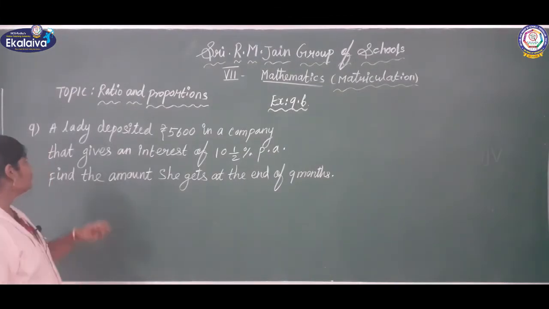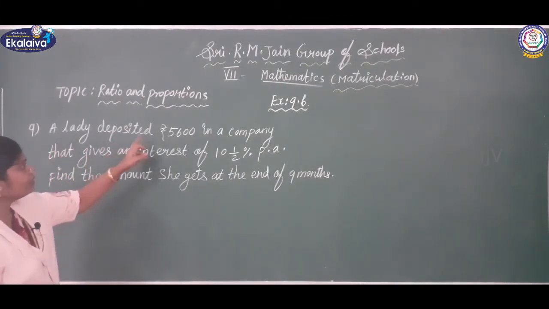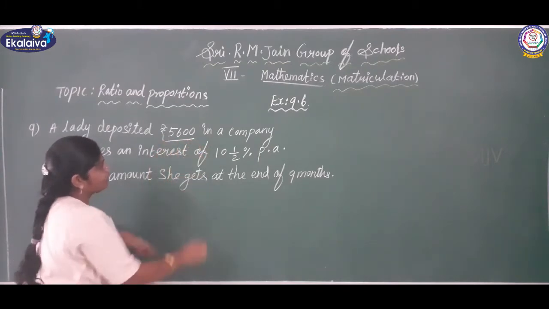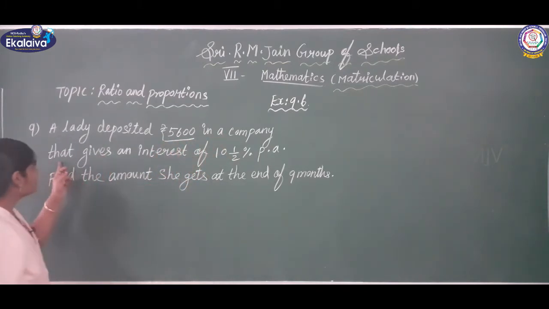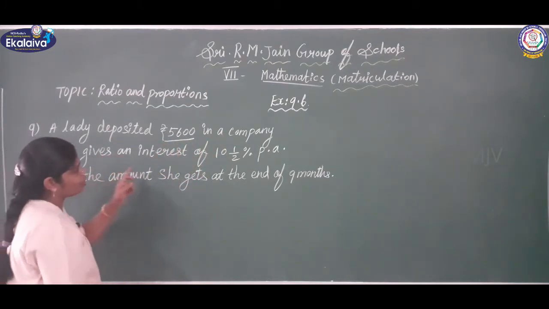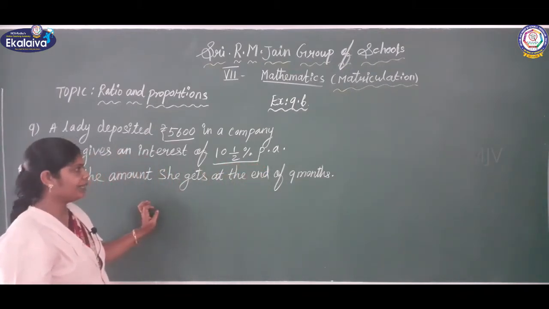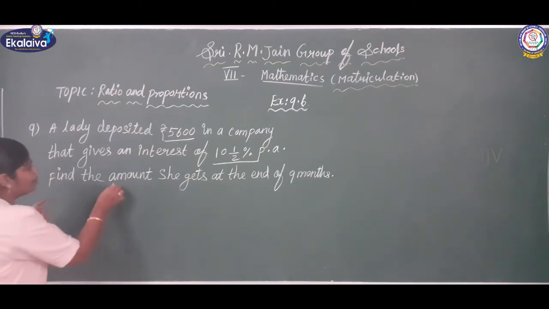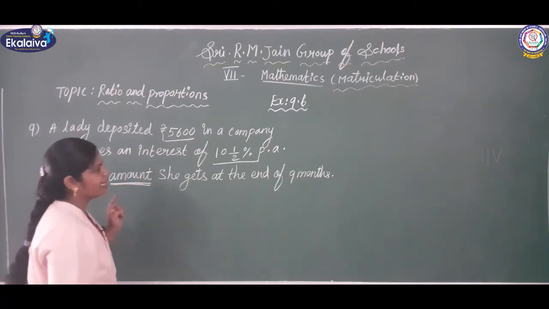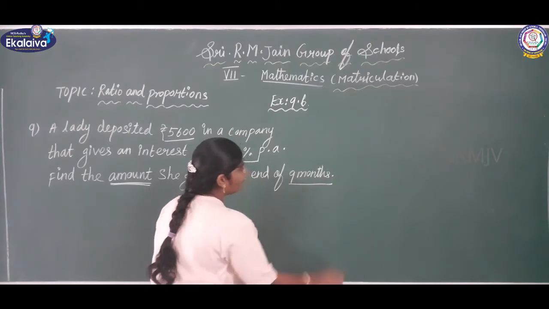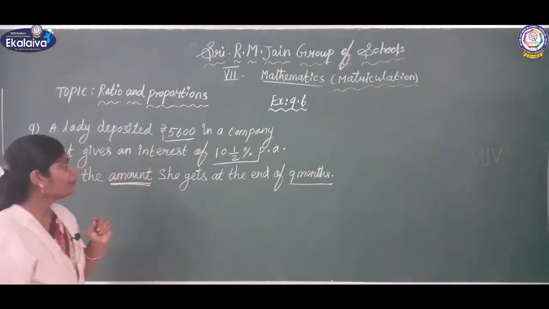The next one, a lady deposited rupees 5,600 in a company that gives an interest of 10 and 1/2% per annum. Find the amount she gets at the end of 9 months. Okay.